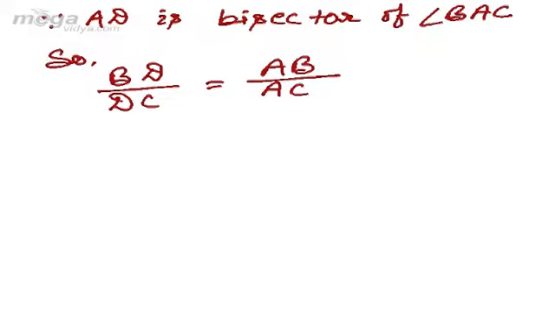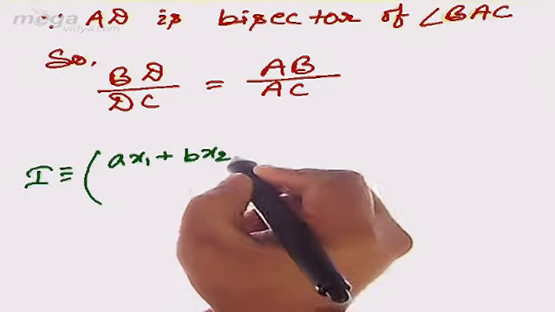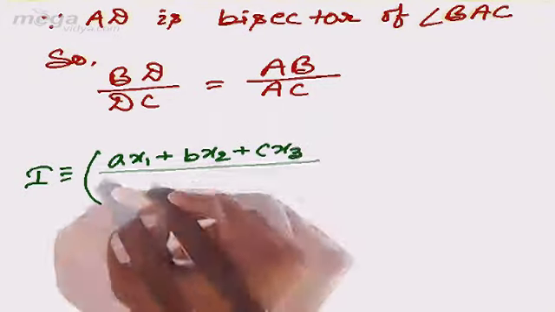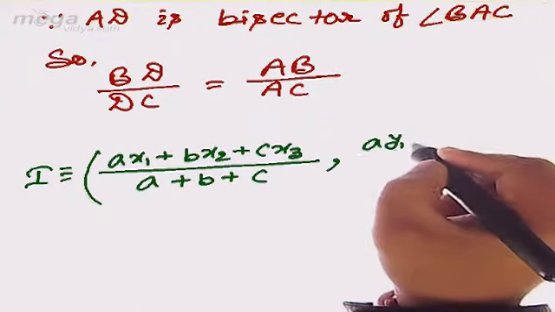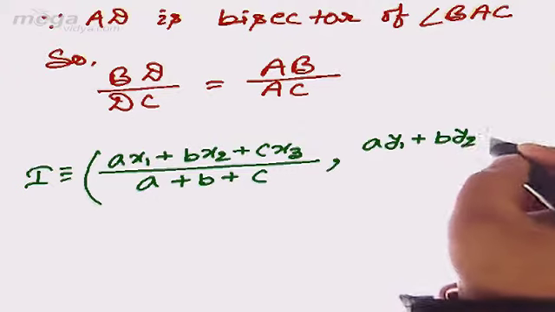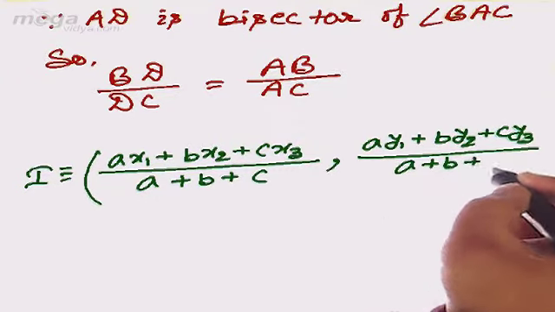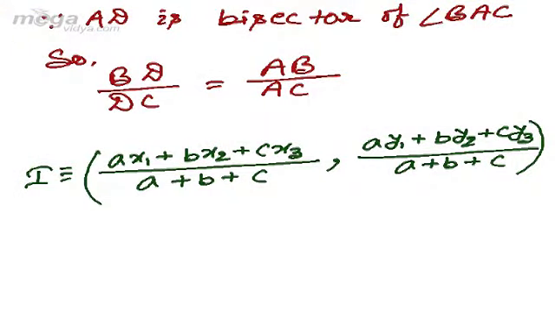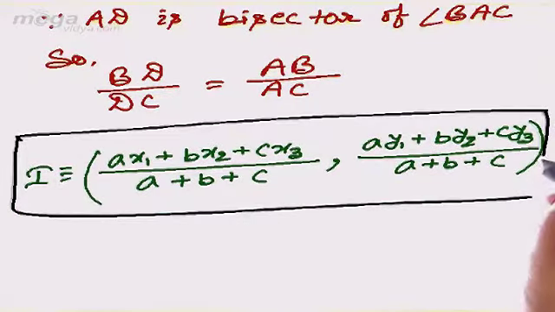After doing those processes, we directly get the coordinate of the incenter as (a·x1 + b·x2 + c·x3)/(a + b + c), (a·y1 + b·y2 + c·y3)/(a + b + c). So this is the coordinate of incenter of a triangle ABC.